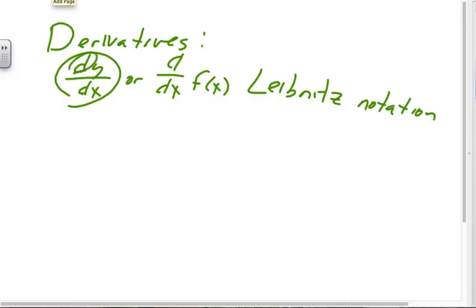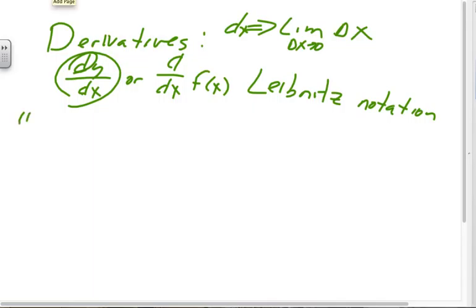This d you can read as the limit as delta x goes to 0 of delta x. That's what dx means. Okay.